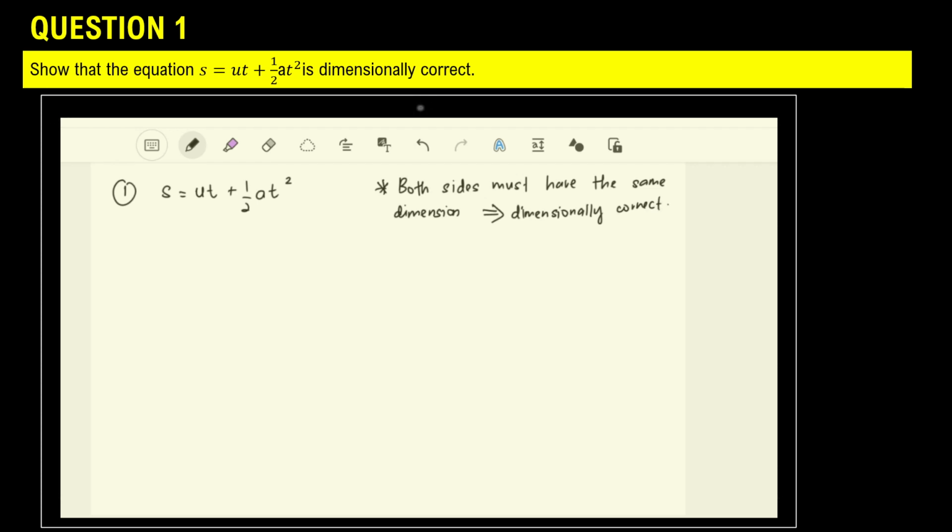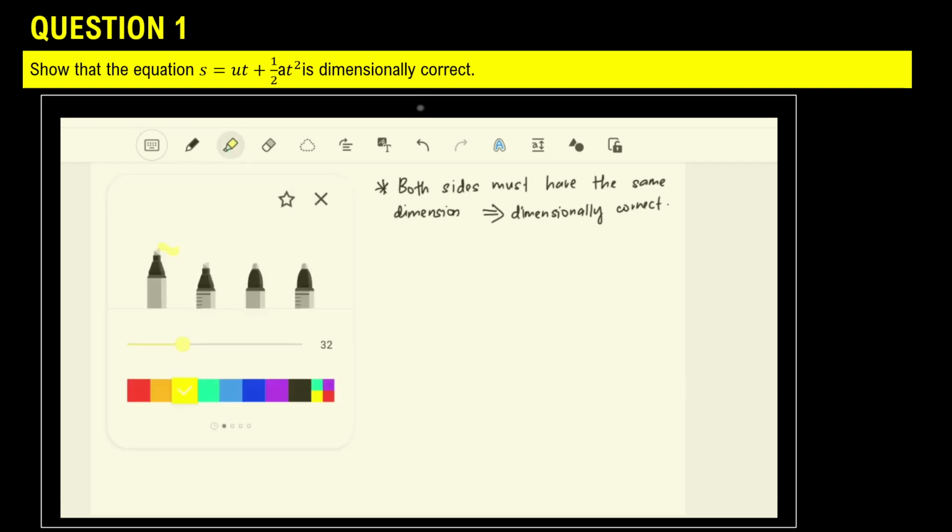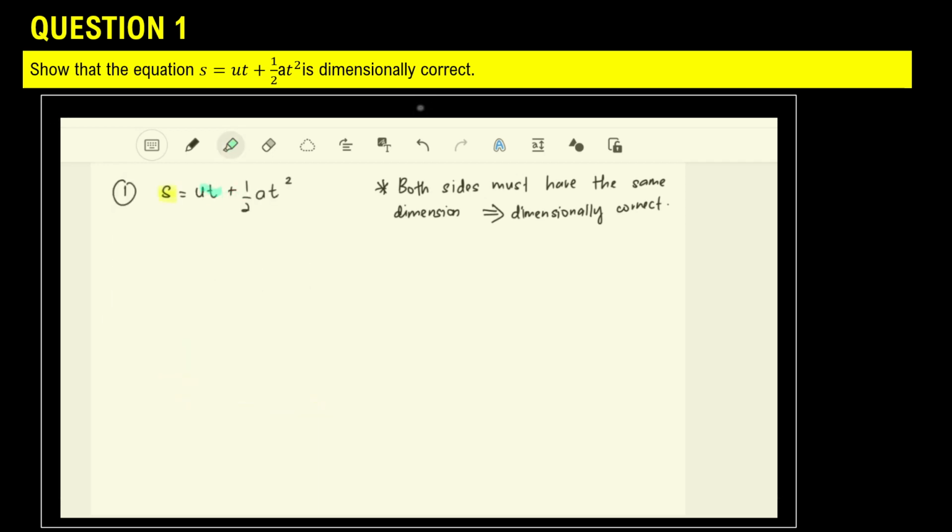Now let's start. We have the left hand side and the right hand side. I'm going to highlight the left hand side with the yellow color, and the green color is for the right hand side. Let's start with the left hand side.